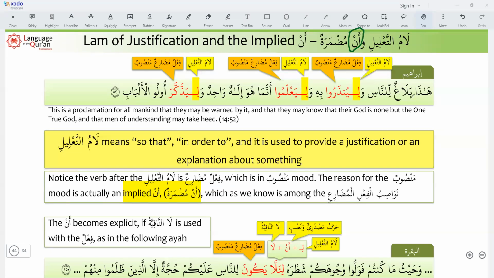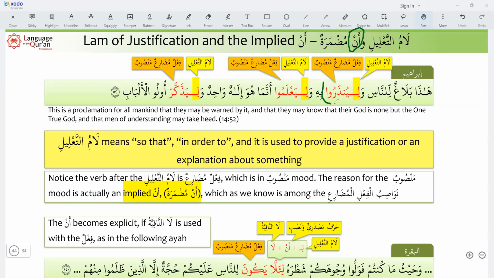So here you will see: hadha balaghun lin nasi waliyunzaru. This one is yunzaruna.